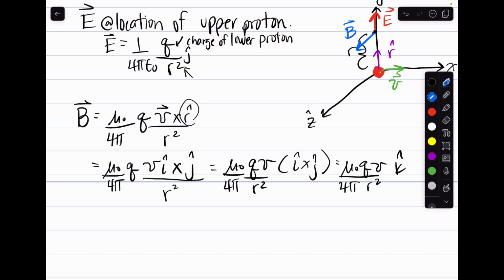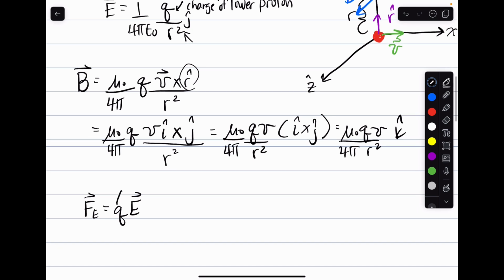So we're not done. What are we asked? We're asked for the force. The force of the electric field and the force of the magnetic field. Well, the force of the electric field, we can do that all day, where q is the charge of which one?